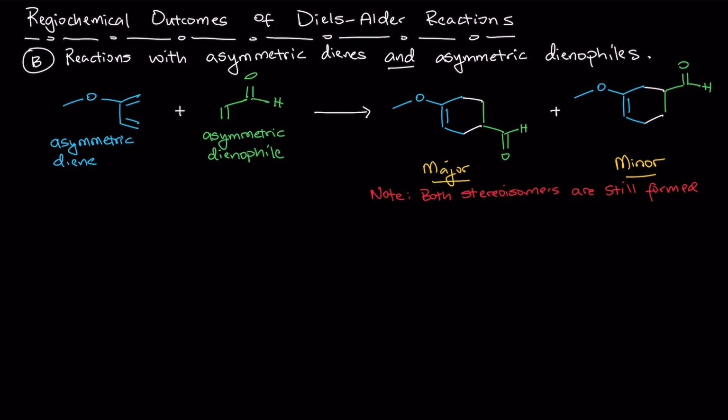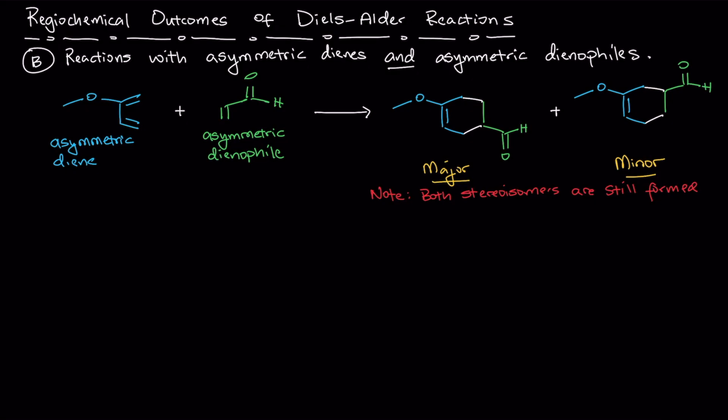Please note once again, this is from our previous video, that while you are seeing regioselectivity, both stereoisomers of your major constitutional isomer will still be formed. So you still want to make sure you put the wedge and the dash on that aldehyde carbon. That just makes sure that the stereochemistry is still invoked there.